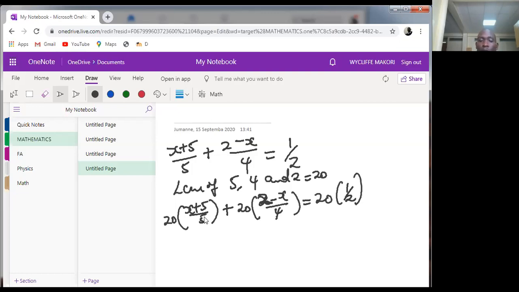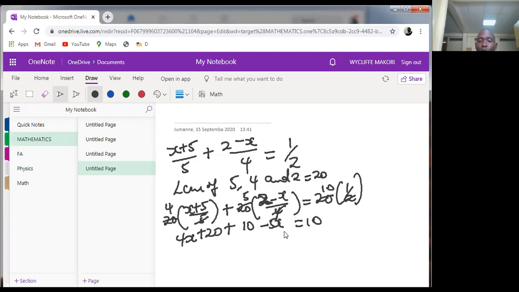So you will realize 5 will go into 20 4 times, 4 will go into 20 5 times, and 2 will go into 20 10 times. So we are going to have 4x plus 20, if you open the bracket here, plus 5 times 2, which is 10, minus 5x is equal to 10.